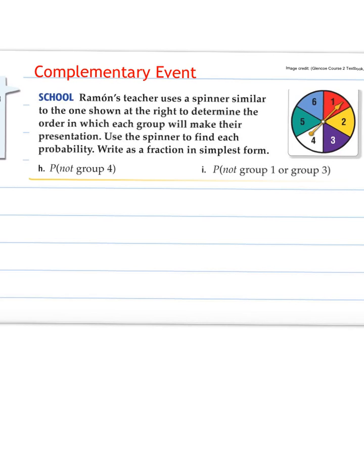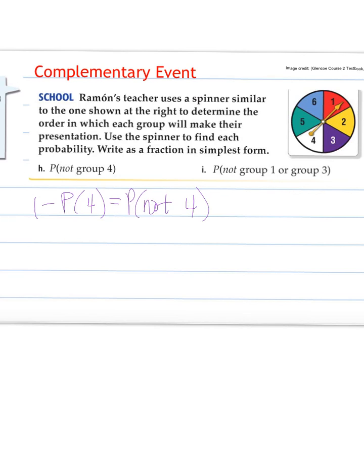Okay? So what we can do is take 1, subtract off the probability of group 4, and that will tell us the probability of not group 4. Okay? So let's see.